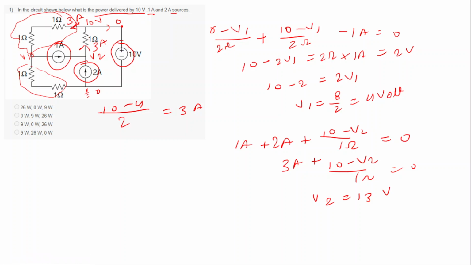So let's calculate the power delivered. V2 is 13 volt, and this is the higher potential terminal. So the power delivered or received by this 10 volt source will be 0.